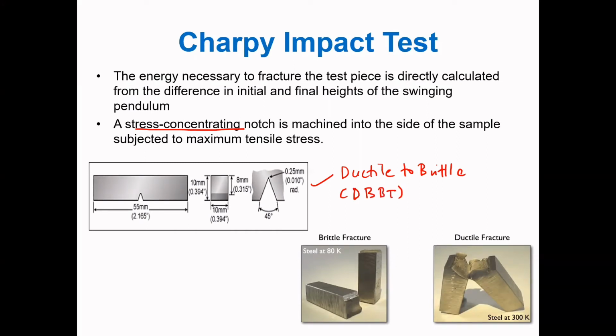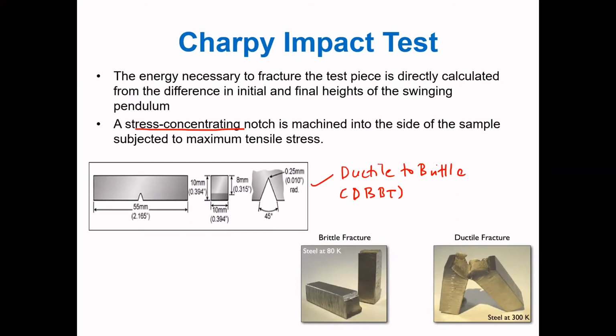This is like what we have discussed previously. The Charpy test is useful for metal specimens like ferritic steel that show a ductile to brittle transition with a decreasing temperature.